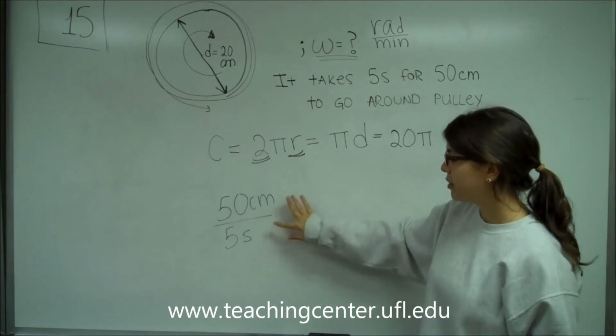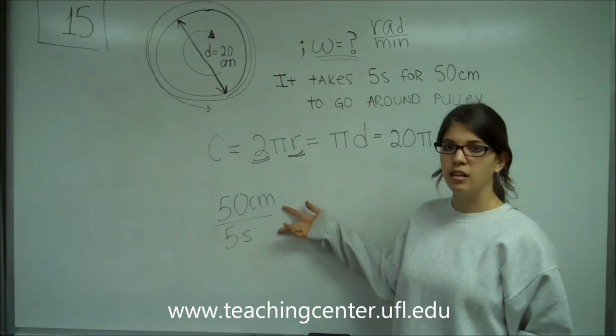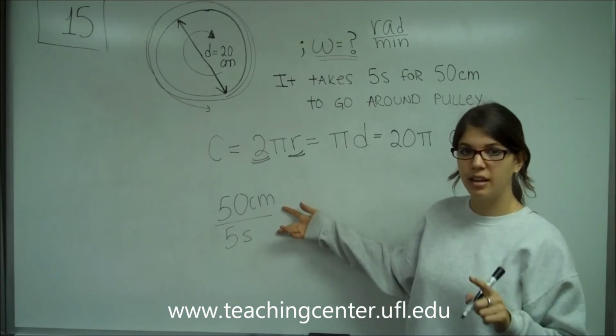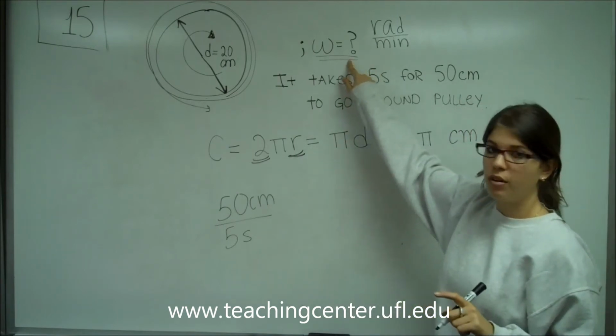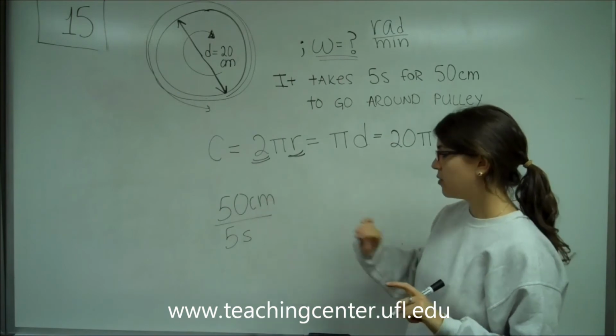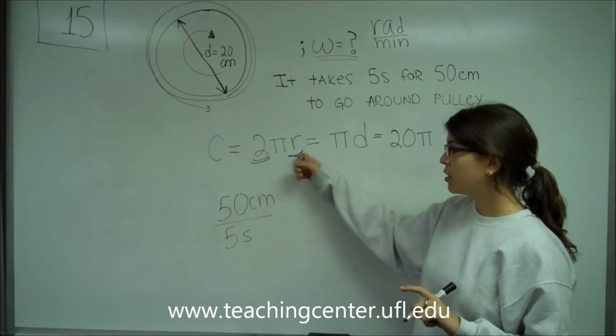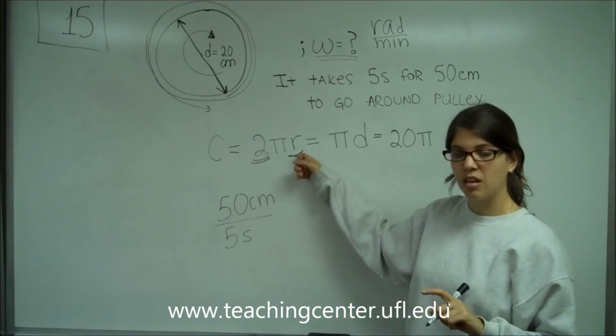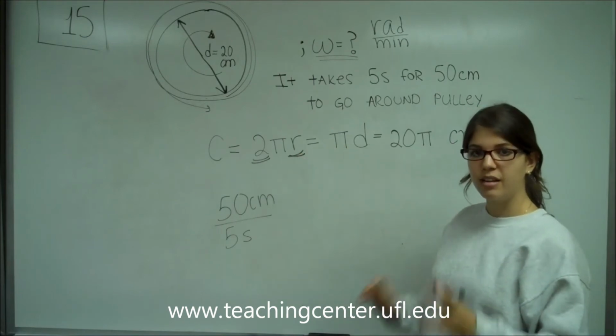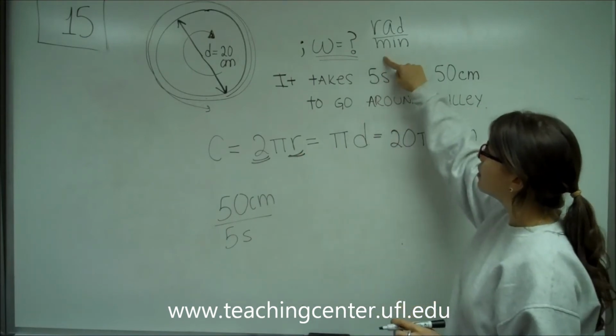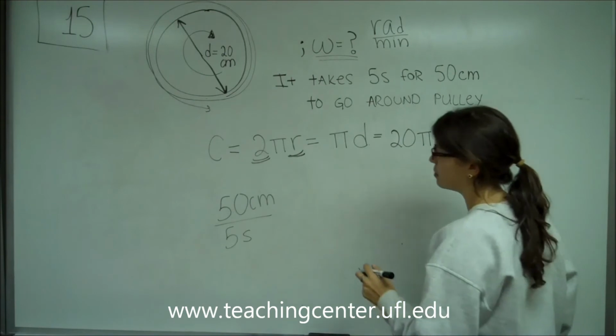This is a linear velocity, not an angular velocity, which is what we're looking for. So we're going to get a linear velocity, and with the circumference, we're going to convert that into an angular velocity.